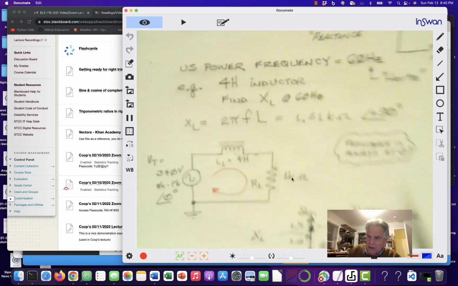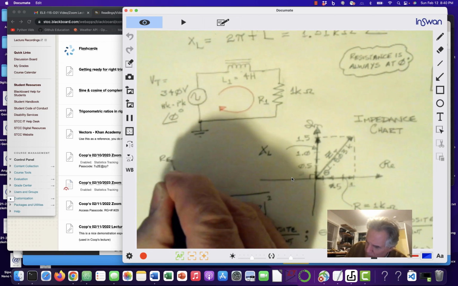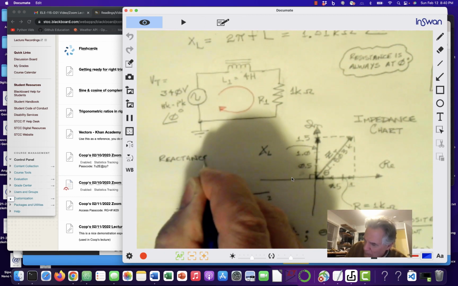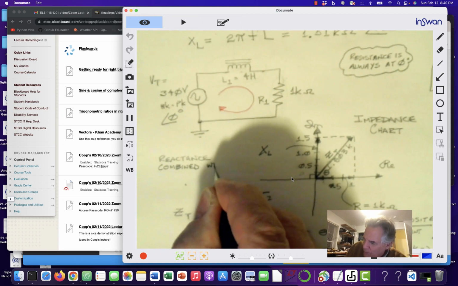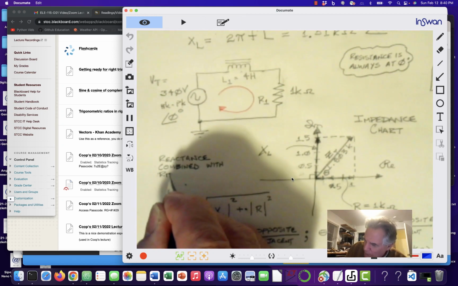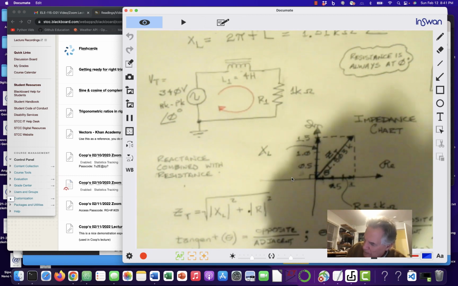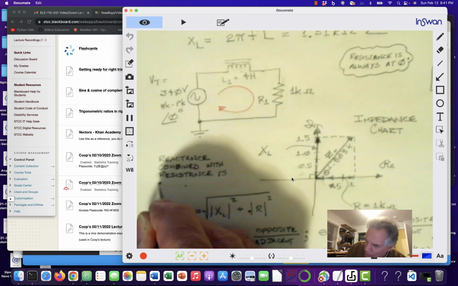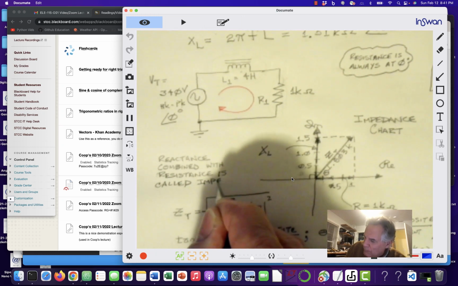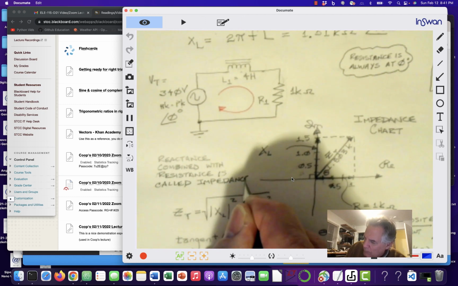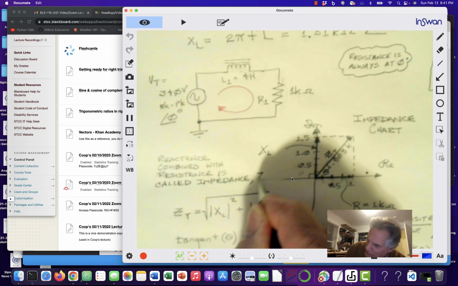When I have reactance combined with resistance, right, it is called impedance. And it gets the letter Z.